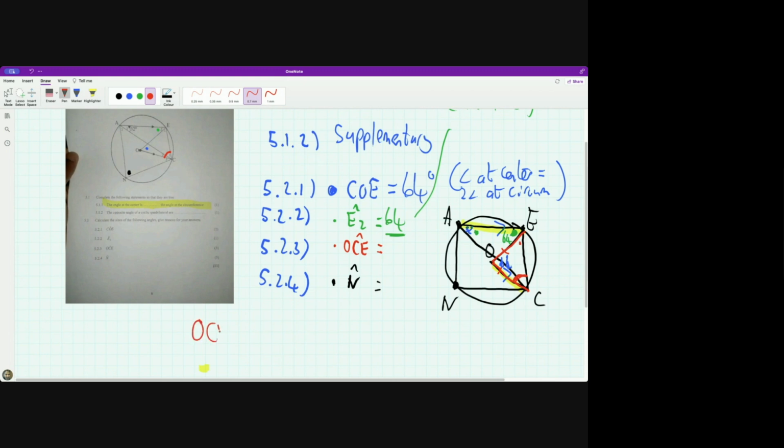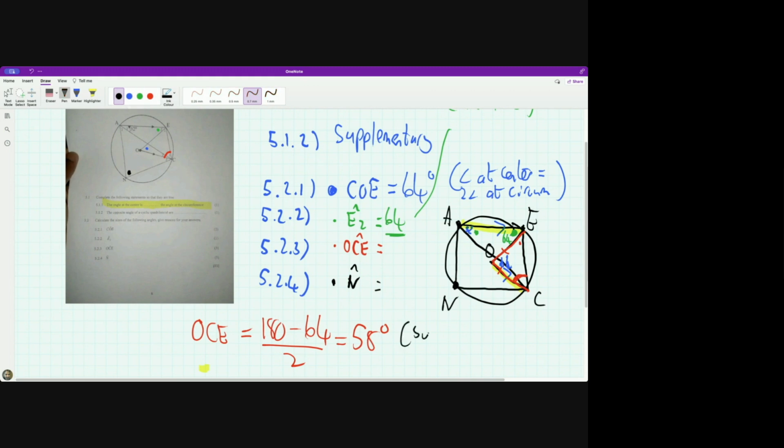And OCE would just be 180 minus 64 divided by 2. So who can work that out for me? Because you know that's 64 there, then because these are two equal angles, what are we going to get? So Puvunzo, I'm trusting you that that is correct, 58 degrees, but now I need to give a reason.